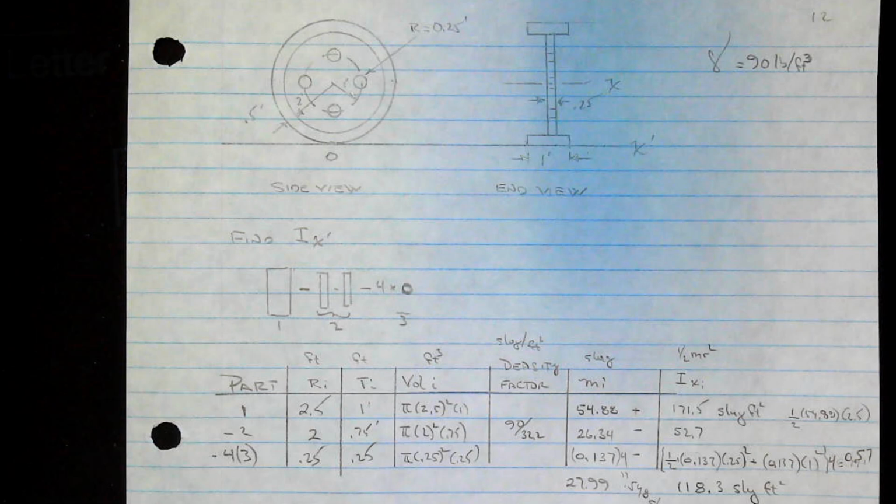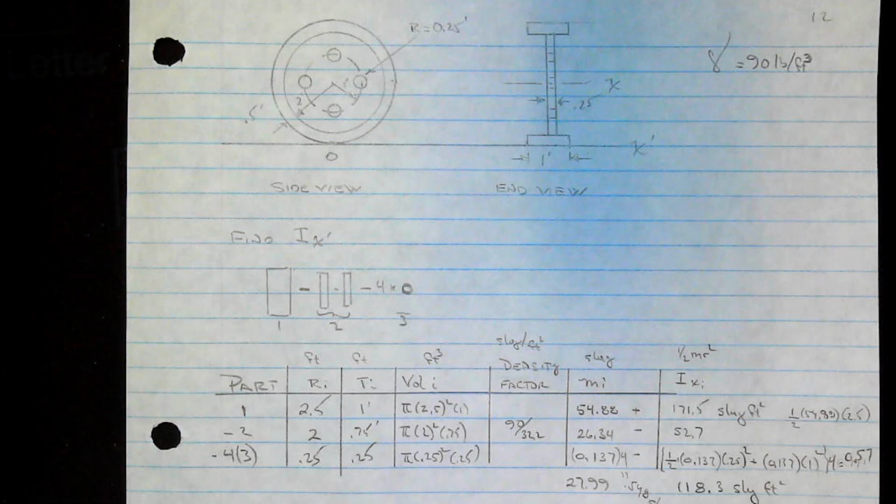Given that, we can take the mass and subtract off these masses, and so the total mass is 27.99 slugs. And the mass moment of inertia about the center is the big one minus this, minus the bolt holes. And we get 118.3 slug-foot squared.